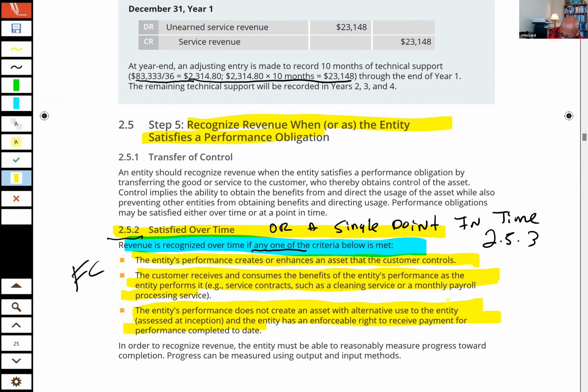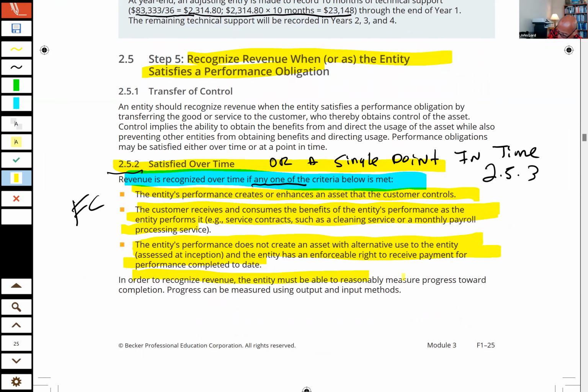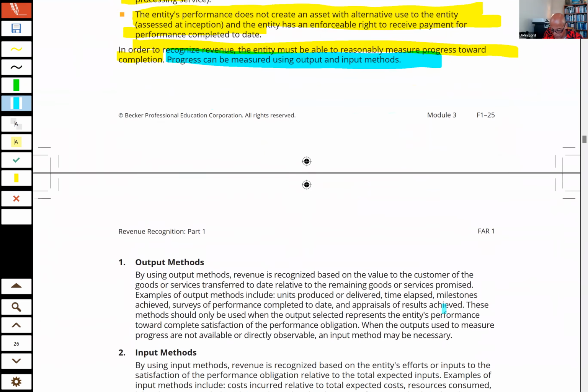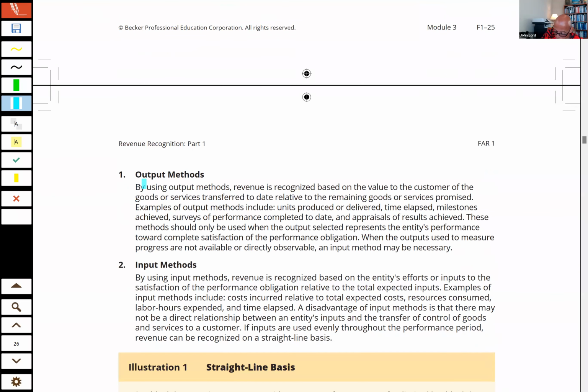So notice, in order to recognize revenue, the entity must be able to reasonably measure progress towards completion. And when we do that, we're going to look at output versus input. By using output methods, revenue is recognized based on the value to the customer of the goods or services transferred to date.